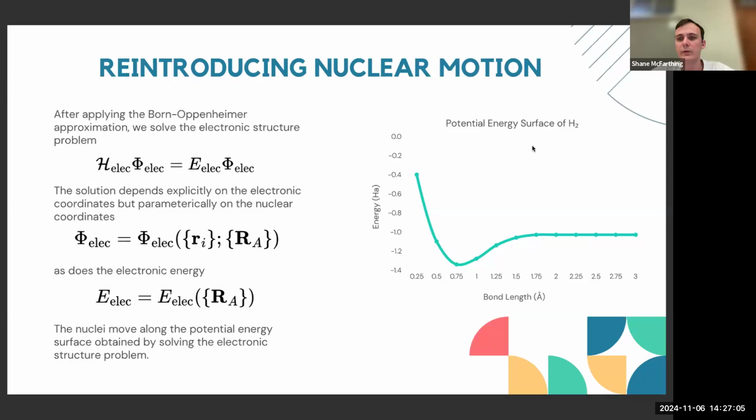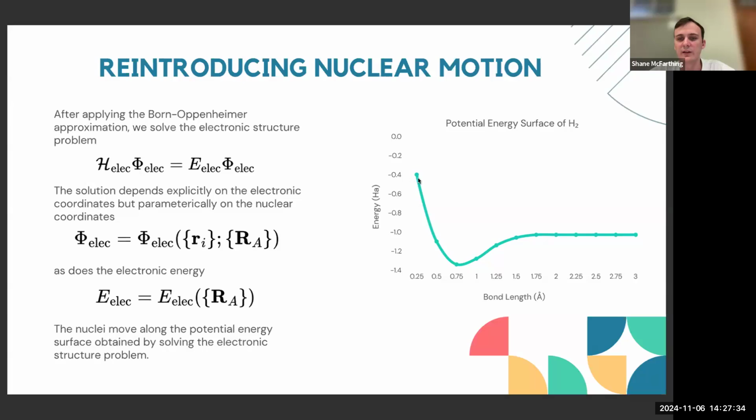So this is an example for the hydrogen molecule. And what you would do in order to get this curve is that you would have your bond length in angstroms, which is a unit of distance. You'd have the bond length, the length between the two nuclei, set to like 0.25. You would then define your electronic Hamiltonian and solve the electronic structure problem to get some states.